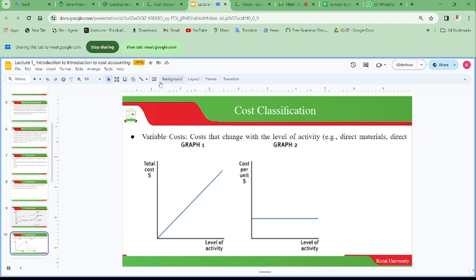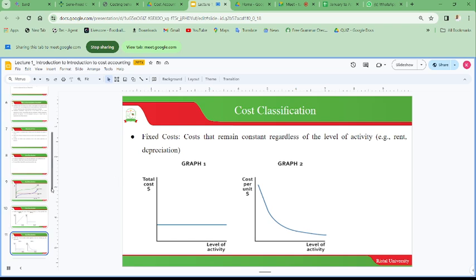So as the level of activity increases, the total cost will also increase. So in our graph 1, what does this graph mean?